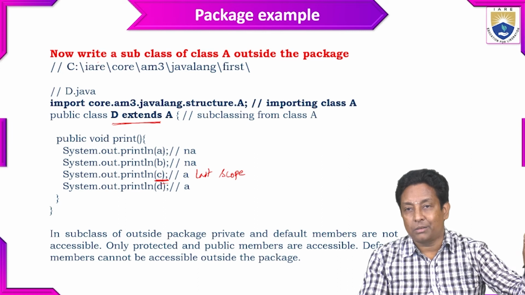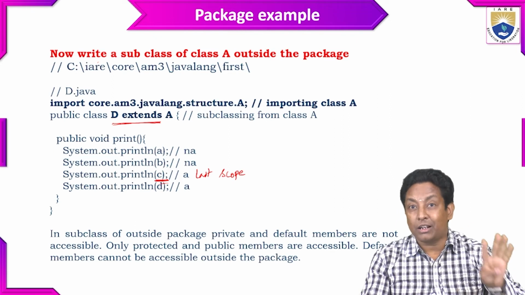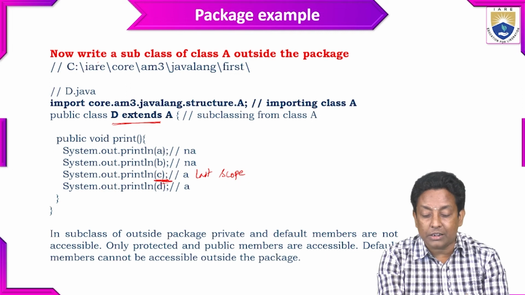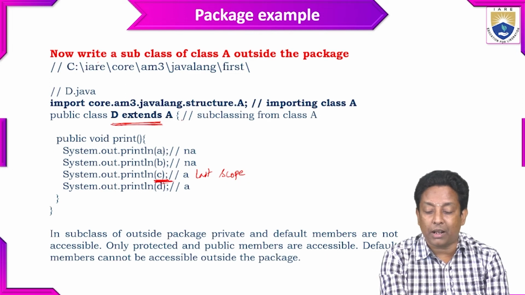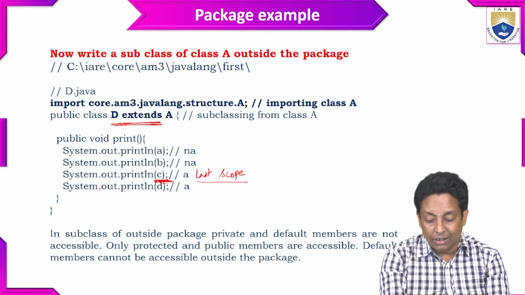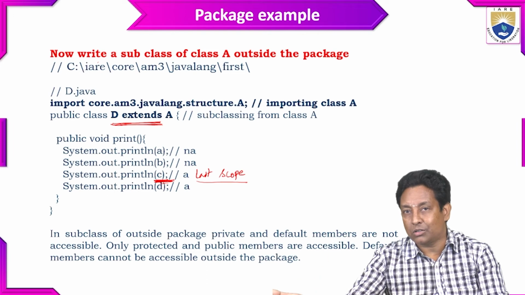Within the class, subclass within the package, instantiated class within the package, 3 scopes are completed. Subclass outside the package is the 4th scope. So a protected member can be accessible up to a subclass outside the package. This is the last scope. A protected member cannot be accessible beyond this scope. What is the next scope?